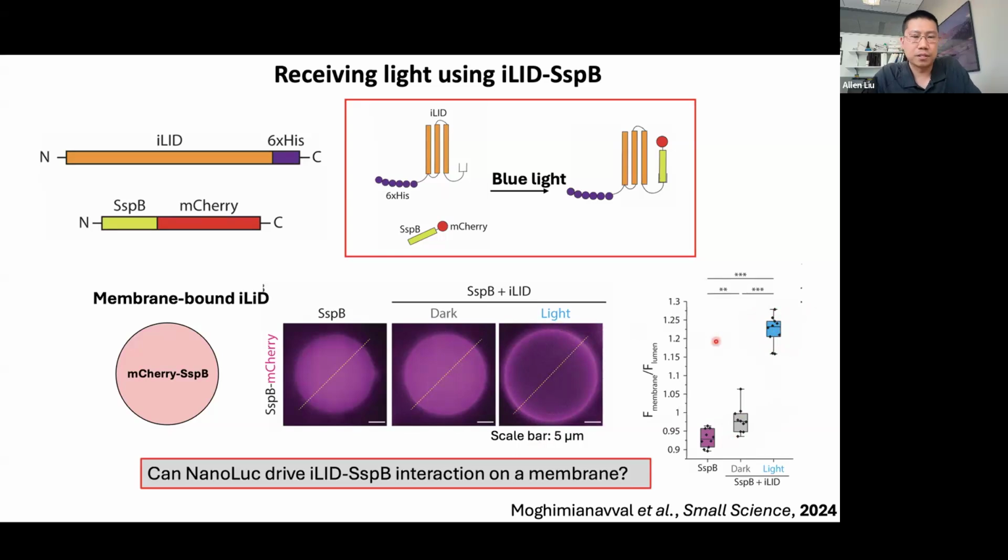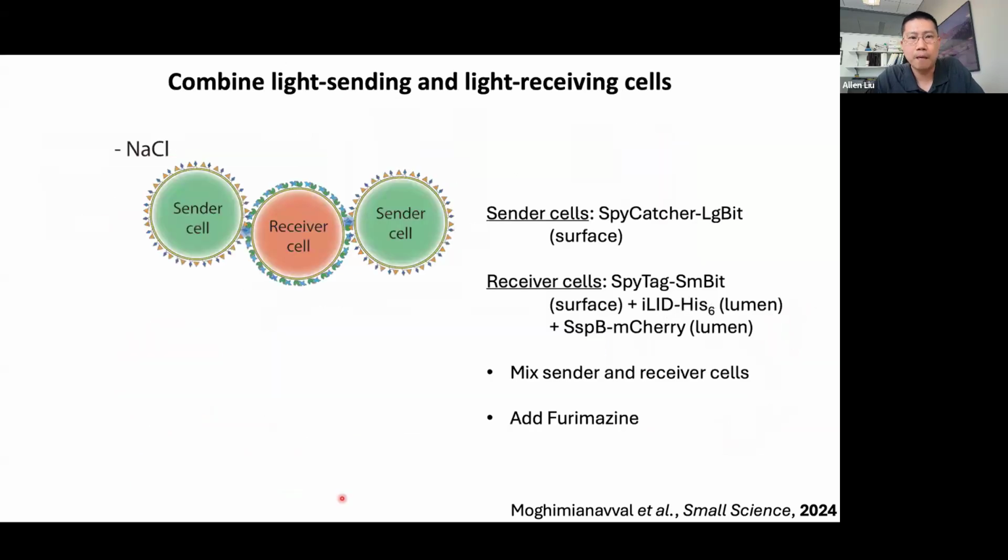So the next question is, this is obviously expected, illuminating blue light can drive iLID SspB interactions. The question is, can NanoLuc drive this interaction on the membrane? For this, basically, is the experiment that I introduced earlier, the sender cell receiver cell system with each of the binding partners, generating the light in between and then allowing this to translocate.